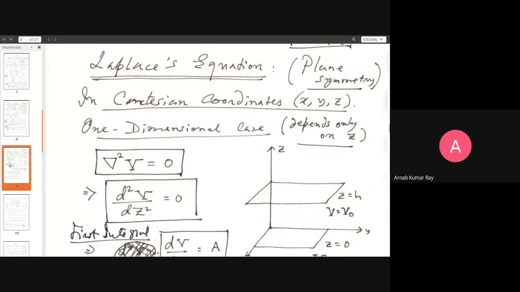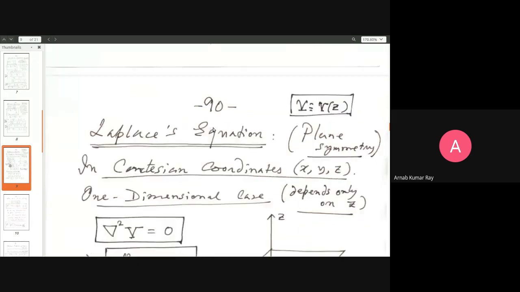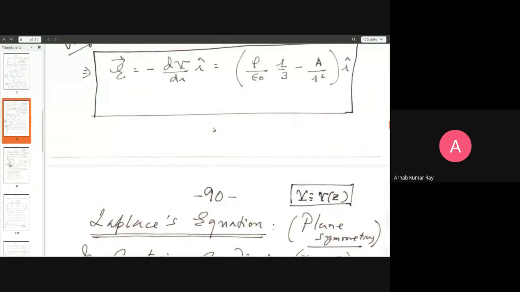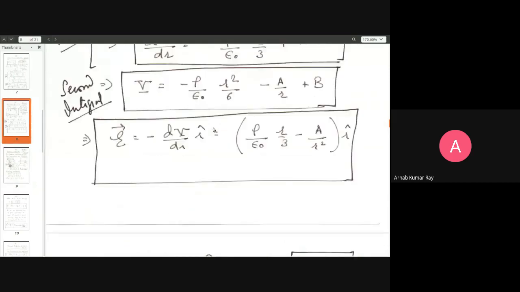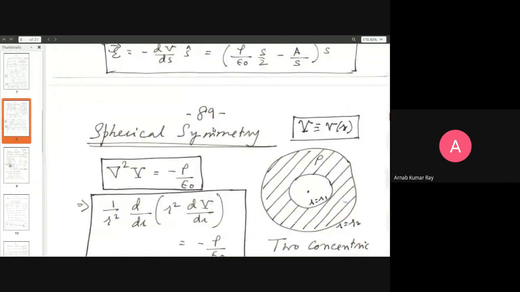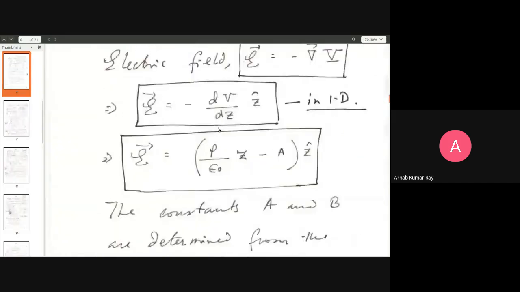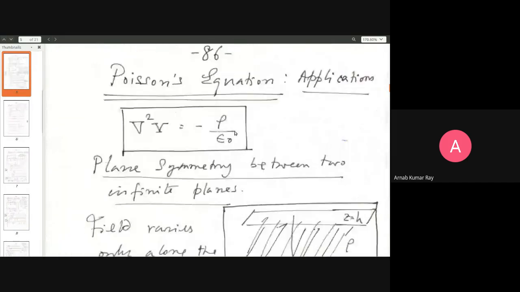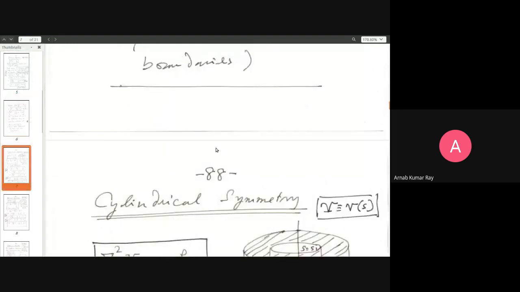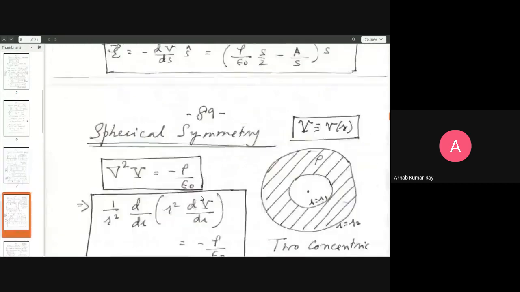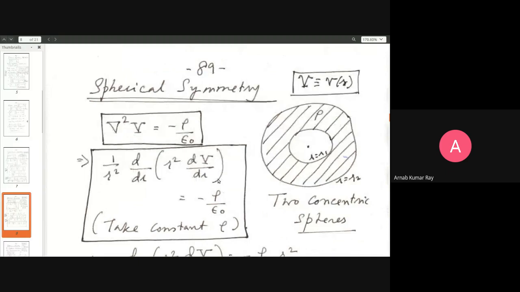So I shall return to what we were discussing in the last class. We finished discussing some very basic applications of Poisson's equation in the three coordinate systems of our interest, namely the Cartesian system, then the cylindrical system, and then the third, the spherical system. But in each of these, we only chose to work with one coordinate.